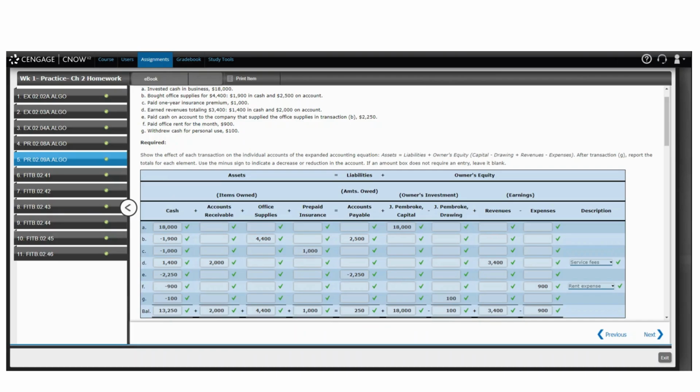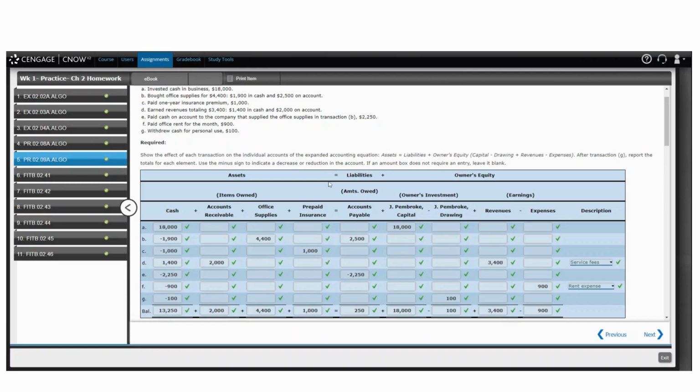In D, he earns revenue totaling $3,400. He gets $1,400 of that in cash, and $2,000 is on account. Ooh, very exciting. We see 3 accounts are affected here, right? So revenues, he earned revenues for $3,400. Okay, so all of that, even if they haven't paid him all of it, we recognize all of revenue when it's earned.